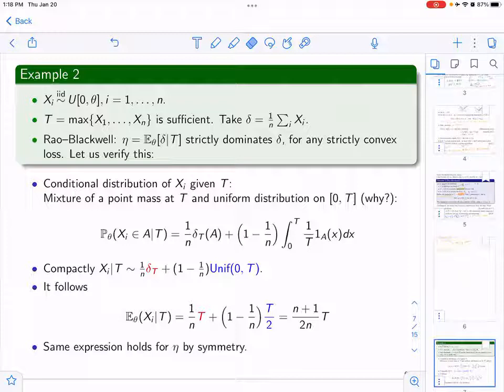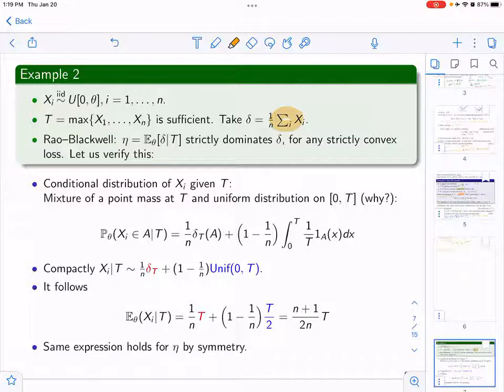So suppose I take delta to be the average of the Xi. Let me ask you, is this a good estimate of theta? Is the average a good estimate of theta? No, it's consistent, but not for the endpoint.